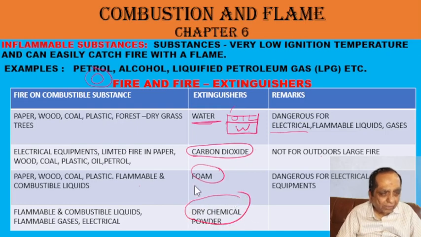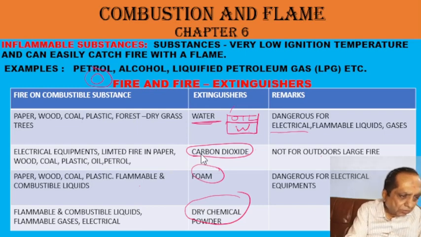That is why, when fires take place outside in electrical equipment or in certain flammable liquids, people just throw sand on it. What is it doing? It is cutting off the oxygen supply. Is it all right? Now we'll go to the next topic.